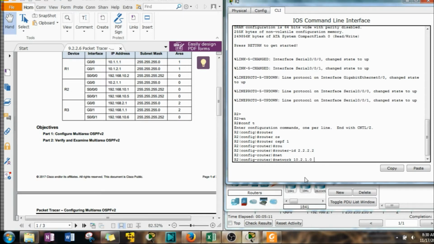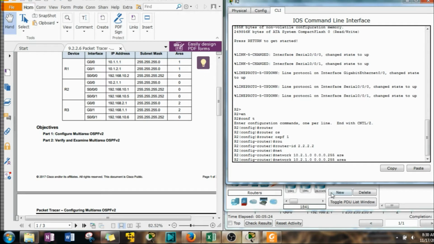And then it's going to be a wildcard mask, so it's going to be 0.0.0.255 because it's inverted. Total inversion. Area is going to be 0 on these guys.